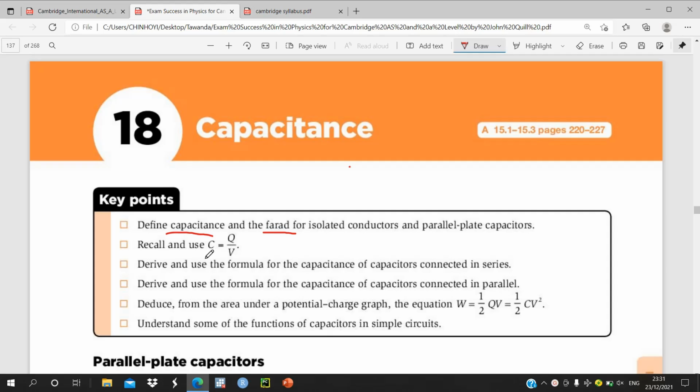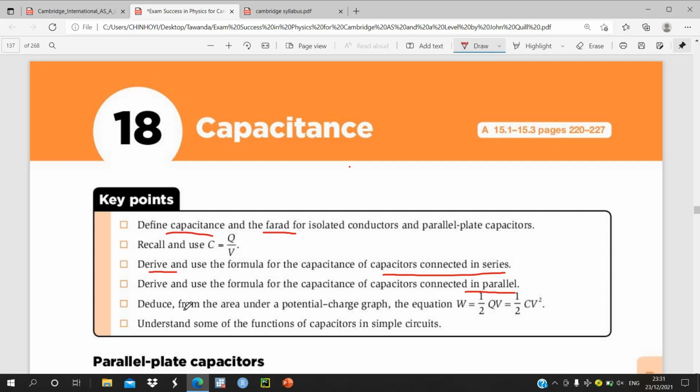You also need to recall and use that capacitance equals charge over voltage. We also need to derive and use the formula for capacitance of capacitors connected in series, and also in parallel.